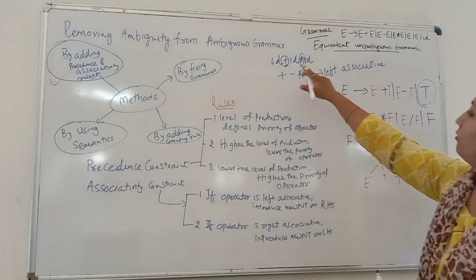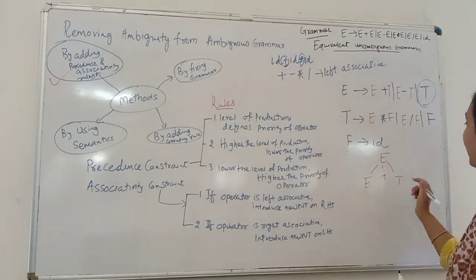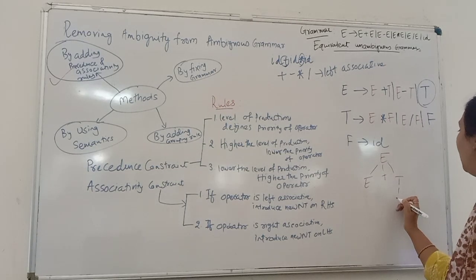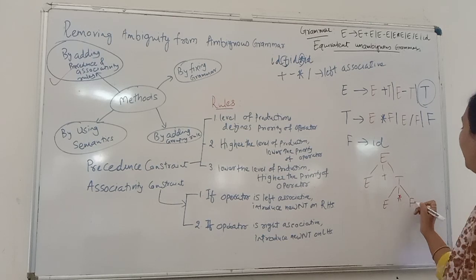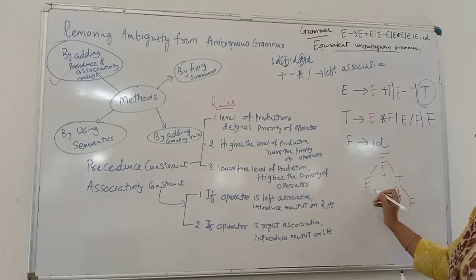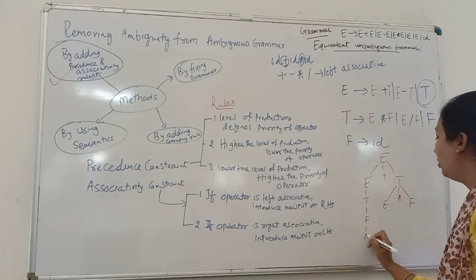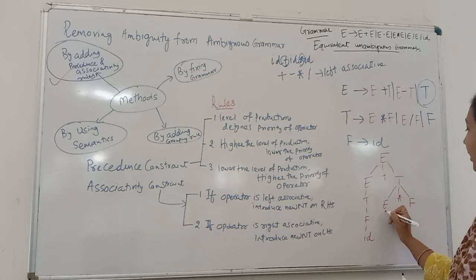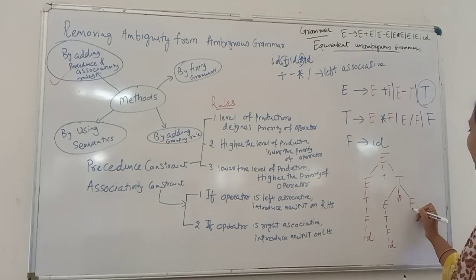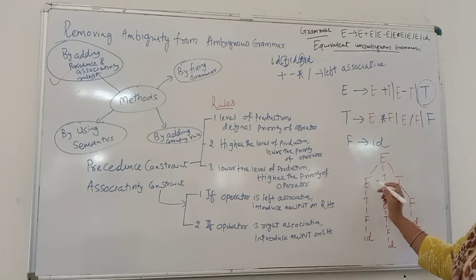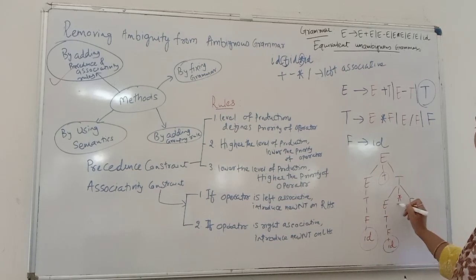Now we want to derive ID star ID, so that we can derive from T to T star F. Now this E to T, this T to F and F to ID. Similarly, E to T, T to F and F to ID. Finally, F to ID. This is how we get ID plus ID star ID.